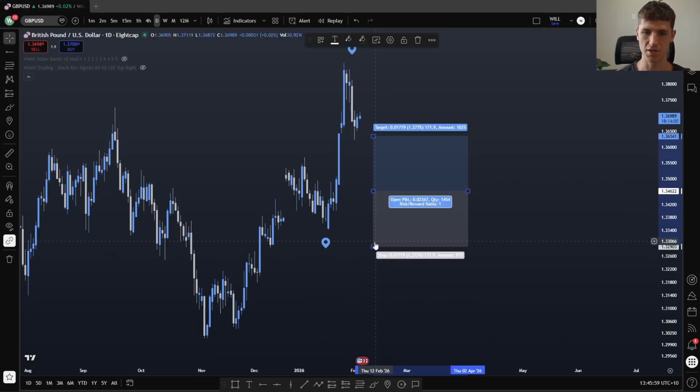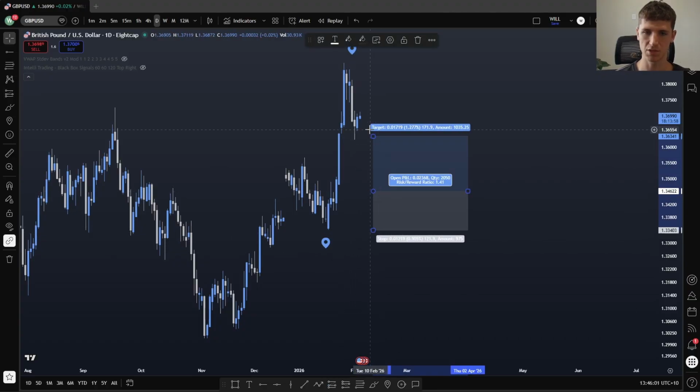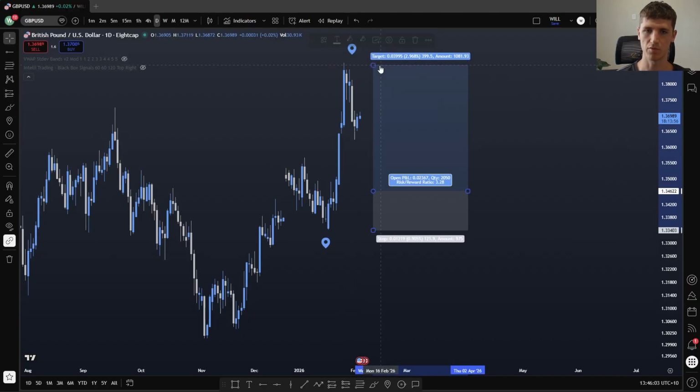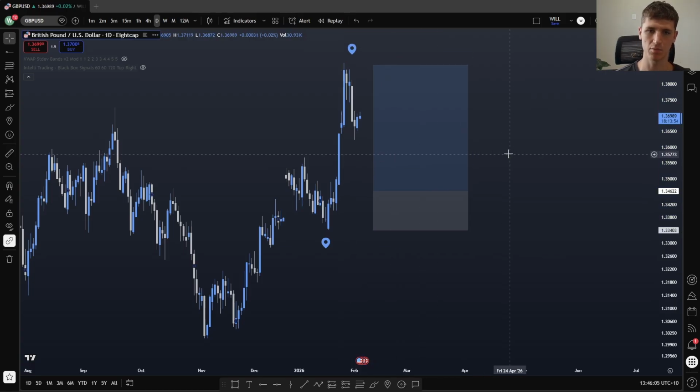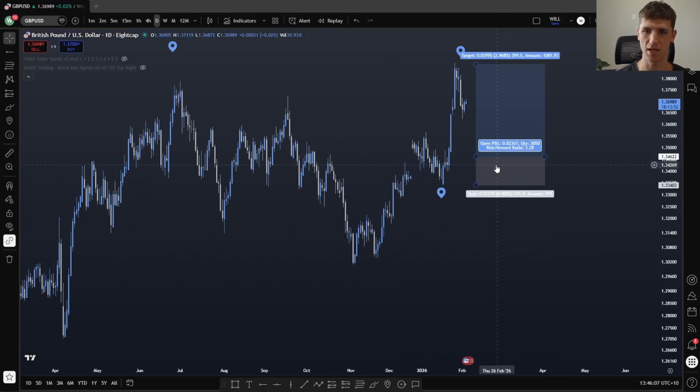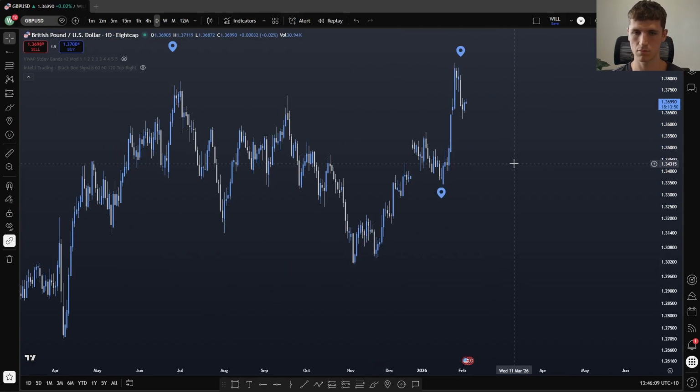Might be this area down here where this key level is, stop loss at the low, take profit at the high. That would probably take a couple of weeks to play out, but it's completely up to you. We're just getting the overall picture and finding out what the next step is, not the next 5 steps ahead, just the next step.